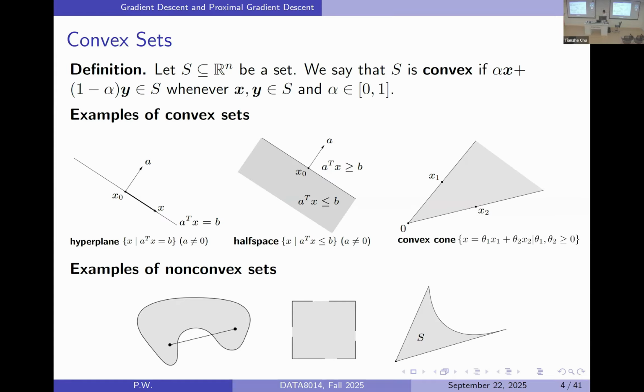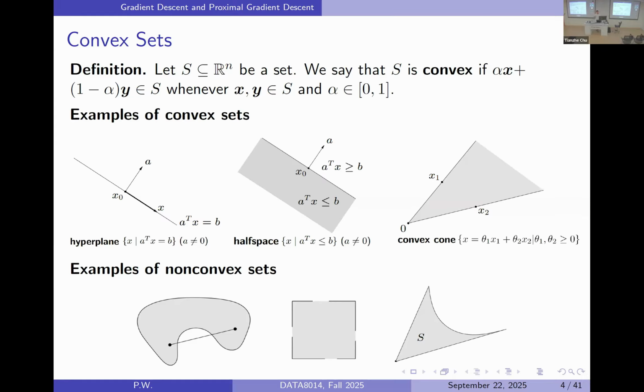Here I give some concrete examples of convex sets. The first typical one is the hyperplane, that is the set of X satisfying the constraint A transpose X equals B. In the two-dimensional case, it is usually a line. The second example is the half space, that is the part below the line, and also on the line.